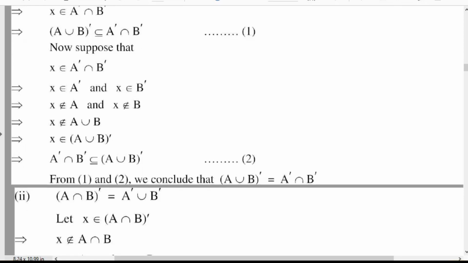Part number 2, that is (A intersection B) whole complement is equal to A complement union B complement. Let X belong to (A intersection B) whole complement.